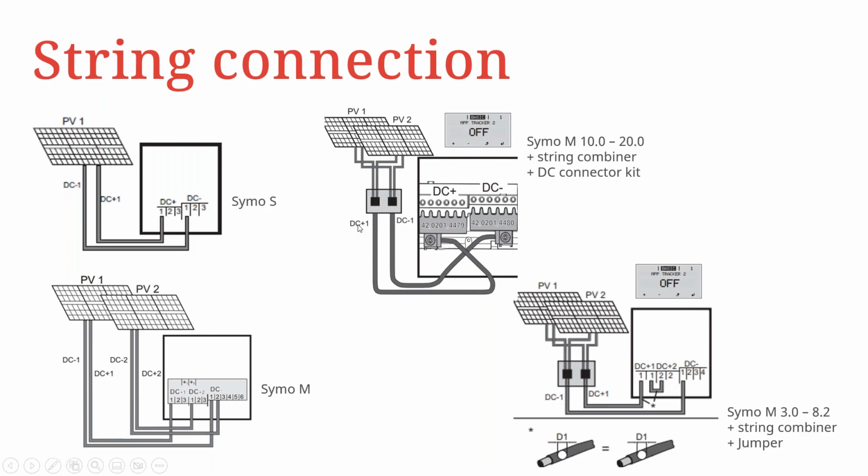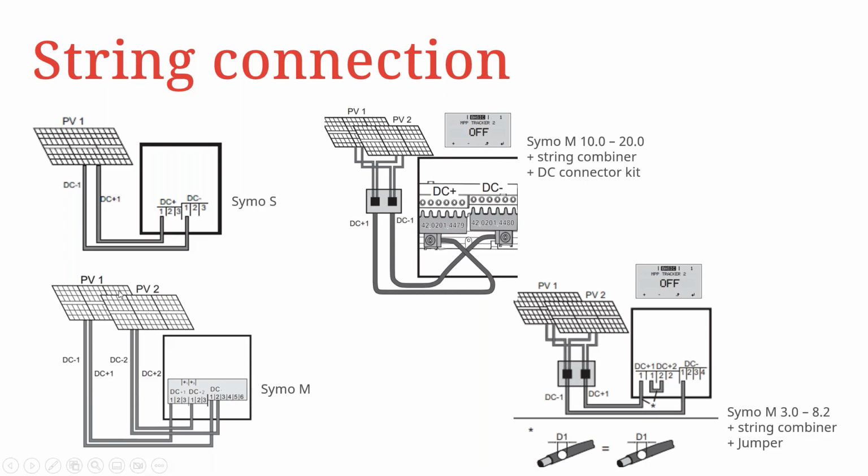So you'll obviously have one cable positive and one cable negative running from your pre-combined junction box. If it is a SIMO M, a multi-string, multi-MPPT input inverter, so it's 2 MPPTs, you'll always have to make sure that the MPPT tracker is off, as they're all sharing effectively a common bus bar, in a sense.